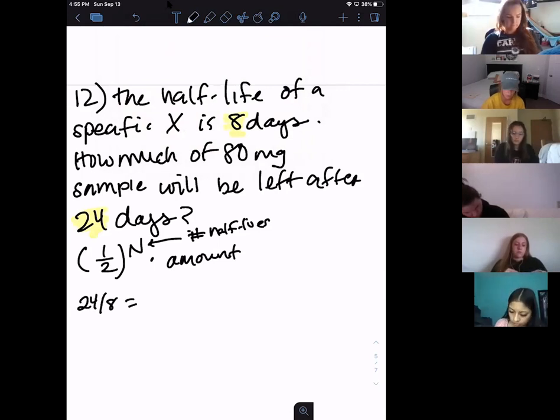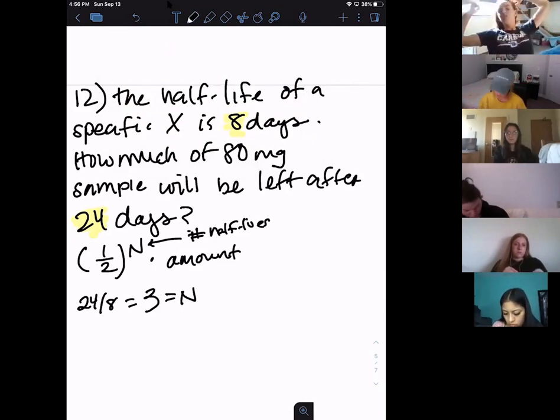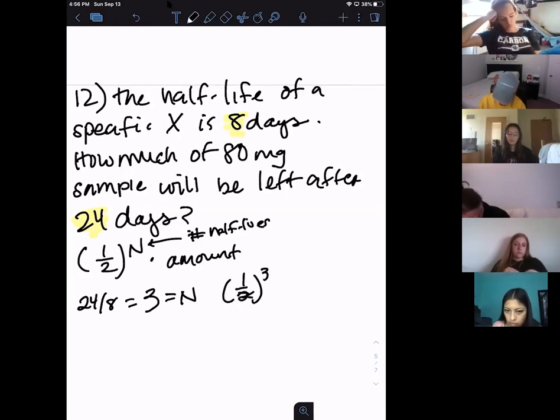And what does that give you? What's 24 divided by 8? 3. Cool. I'm a calc teacher, but I don't feel like doing algebra, so thanks. 3. Okay. Now this number is n. That is your n. Follow that? All right. Now we have 1/2 to the third, and then times the amount.